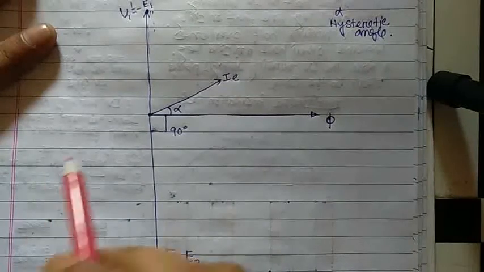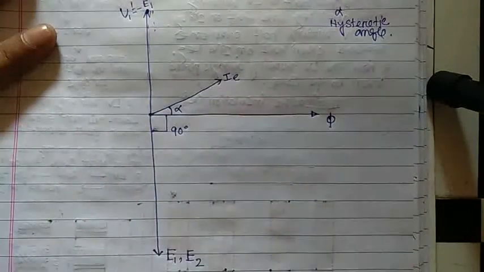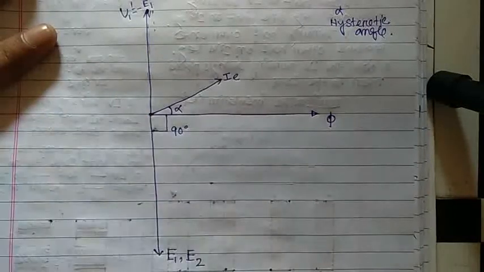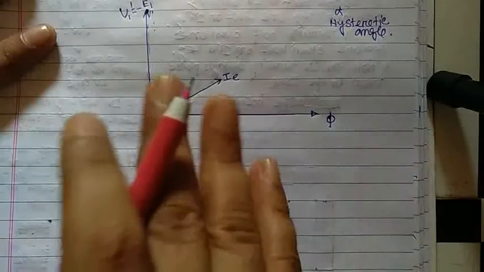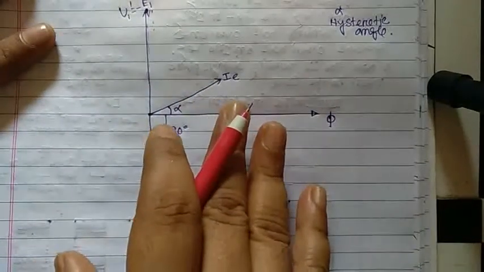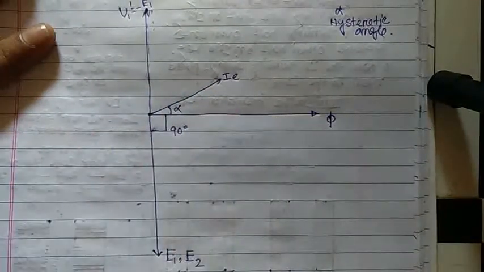Now this exciting current has two components. One is IM, that is the magnetizing component current, and another is IC, that is the core loss component current.